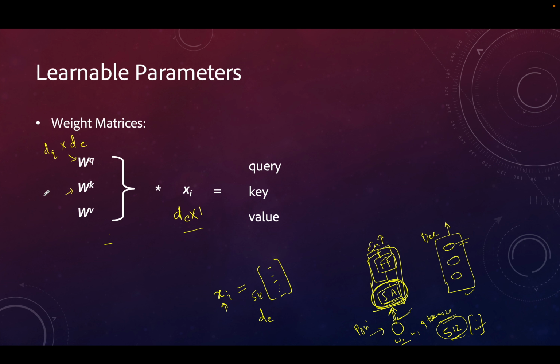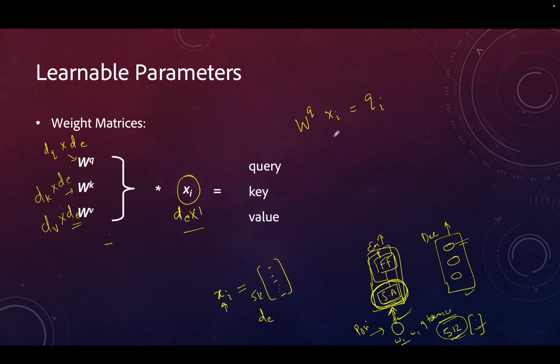Similarly here it will be DK cross DE and DV cross DE, because we are multiplying with xi, which is of dimension DE cross 1, where DE is the number of elements in the embedding of a given token. And so this query is nothing but WQ times xi, which is query qi.